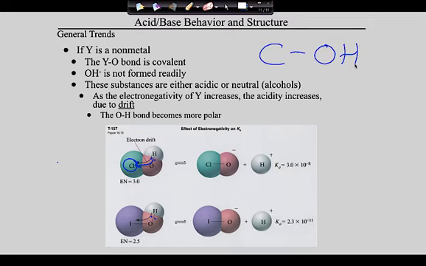But we could replace the carbon with a nitrogen, and that would also not break apart. We just don't give it a name. Yeah, that's a great point. We could just as easily talk about NOH, and nitrogen's not electronegative enough to cause the drift and make the bond polar either. We just don't give it a name because no one cares, because life isn't based on that. Yeah, exactly. So, are we good?